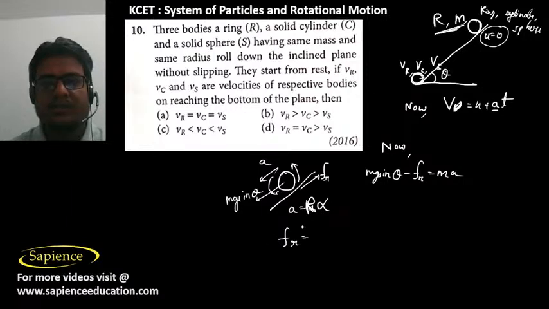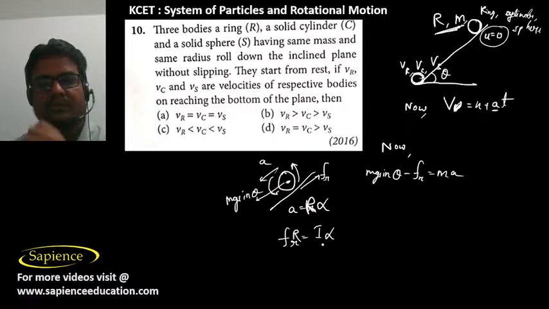Now if we write the moment of force about the center of mass, then the friction torque, Fr into R, will be equal to I alpha. So Fr will be equal to I alpha by r. Since A equals r alpha, alpha equals A by r.